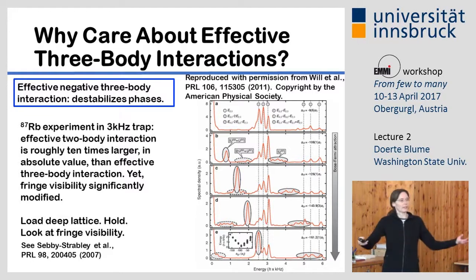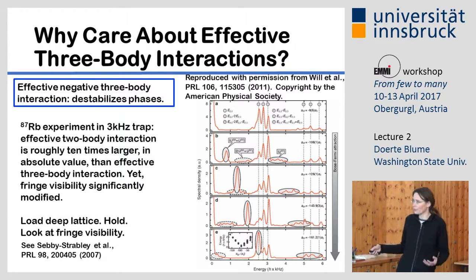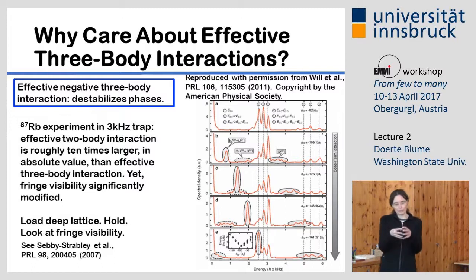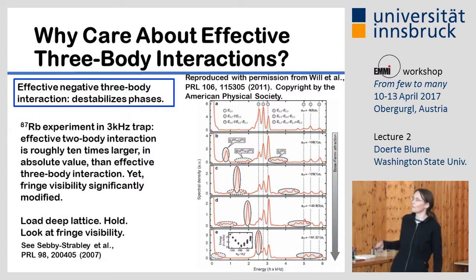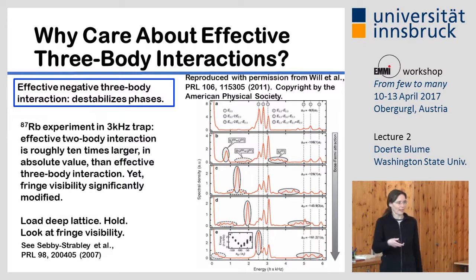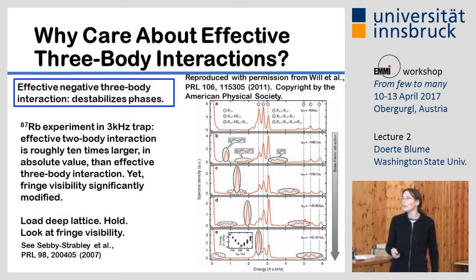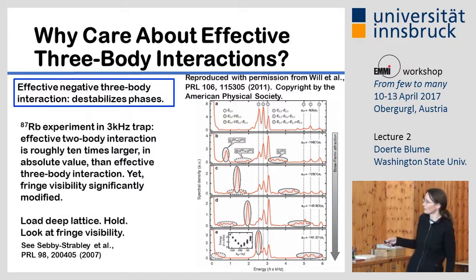And then you release the trap, and you look at the interference pattern between the signals coming from the different individual optical lattice sites. And what you see is these effective multi-body interactions occurring as different energy scales or different time scales in the time signal.